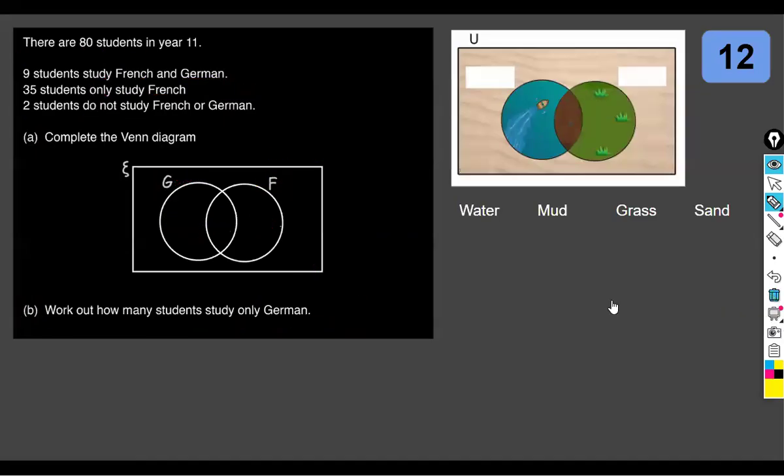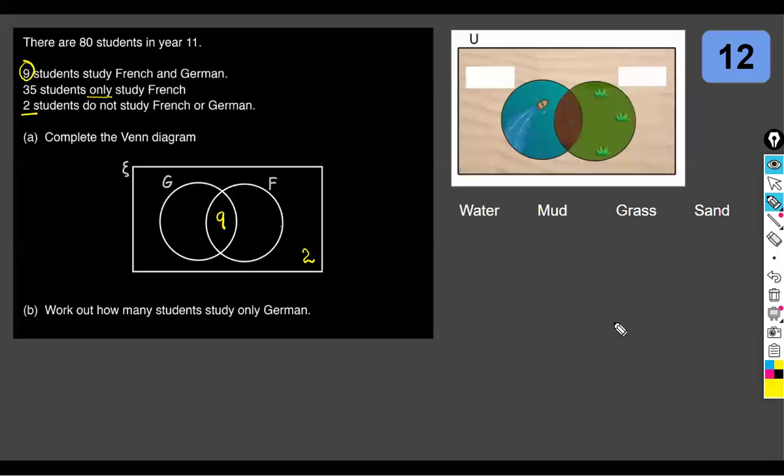So, resetting everything. We're going to use the word only now. So 9 students study both German and French. Nothing wrong there. That 9 was always there. 2 students do not study French or German, so that goes outside. 35 students only study French.